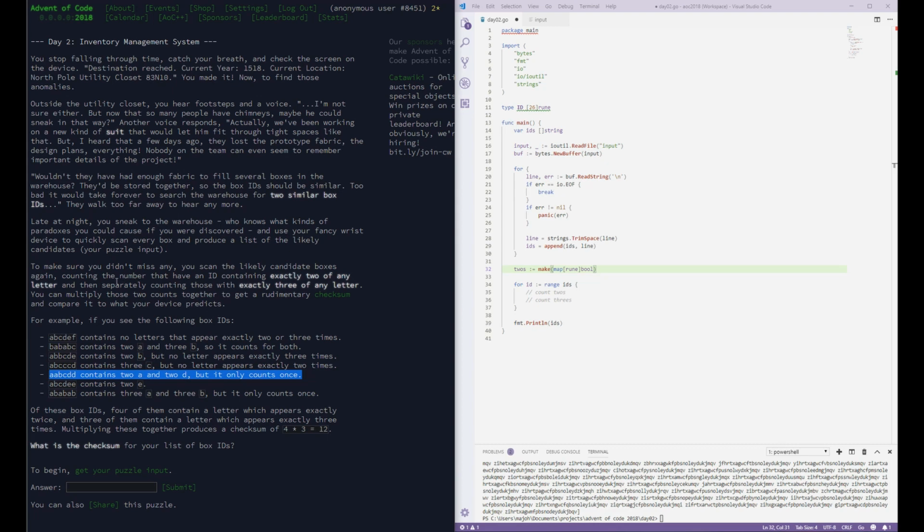Counting the number of IDs. It's really confusing to me. We don't actually care about the thing that we only use to. No, okay, so it doesn't matter if we count A several times, it's just whether or not for each individual ID, then we don't care about that. Then those are just var twos, threes.